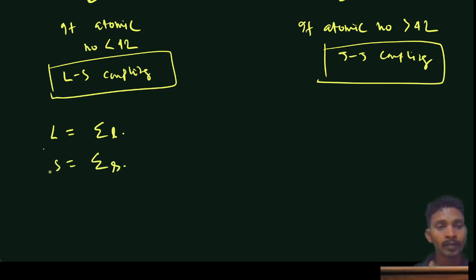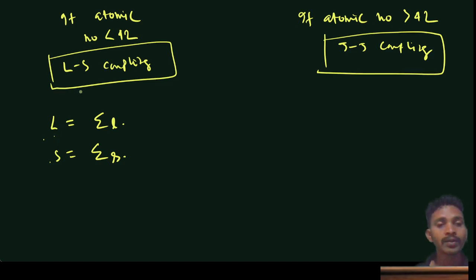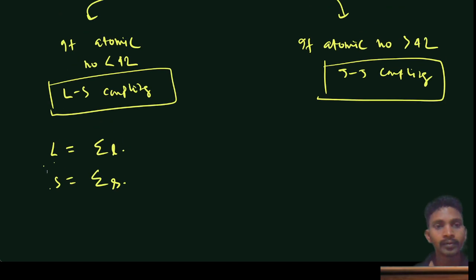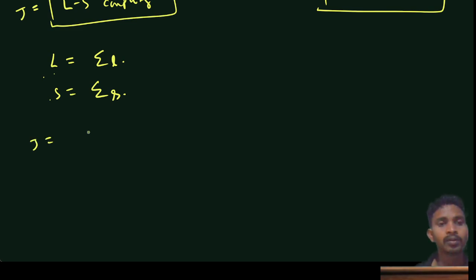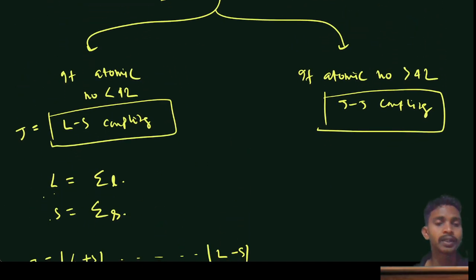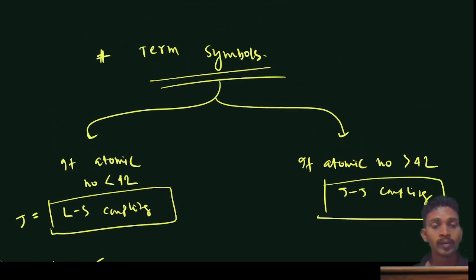Once you get the L and S values, for LS coupling you call it J, and J will be L plus S down to L minus S. If you take examples, we will understand more.